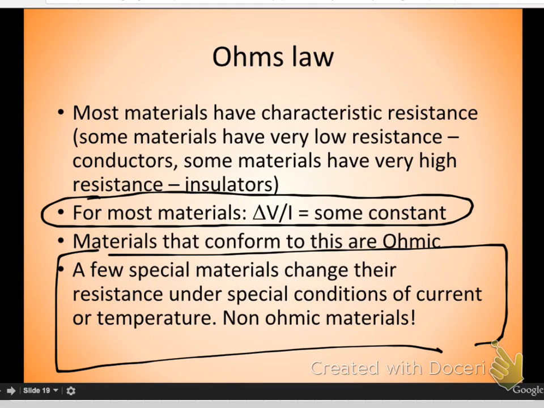I mean, they're non-ohmic materials, but if they conduct selectively, what? Semiconductors, yeah, semiconductive materials. So you talked about that when you talked about semi-metallics in chemistry, metalloids. A lot of those semiconductor materials are what we call the non-ohmic materials. They change their ability to conduct based on conditions.